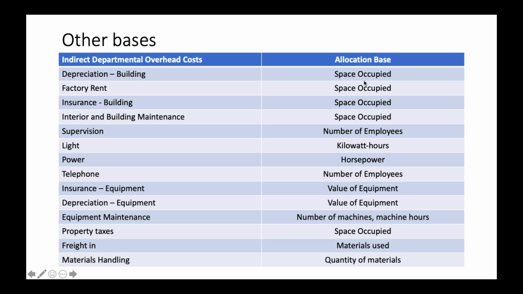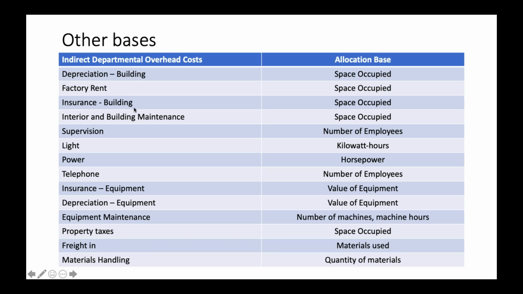So there must be a relationship between the base and the cost that we want to distribute. Factory rent, we can use space occupied instead of direct labor hours or direct labor cost.